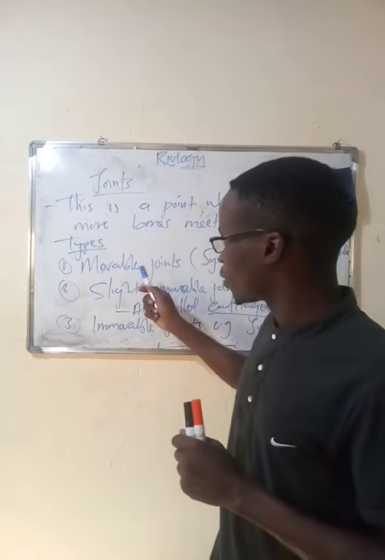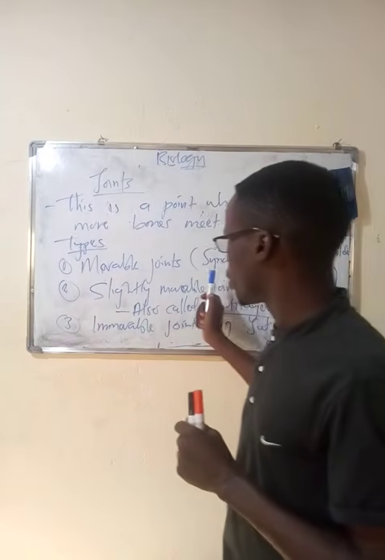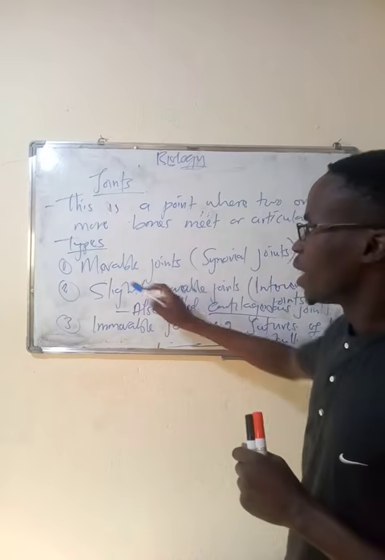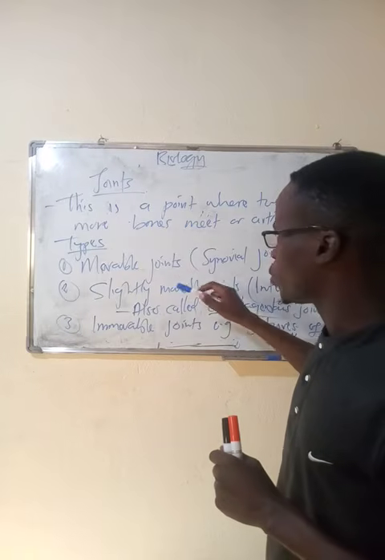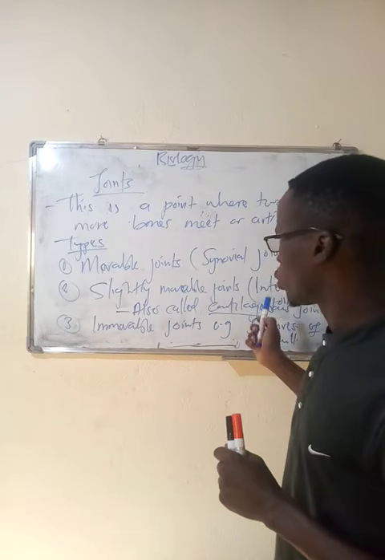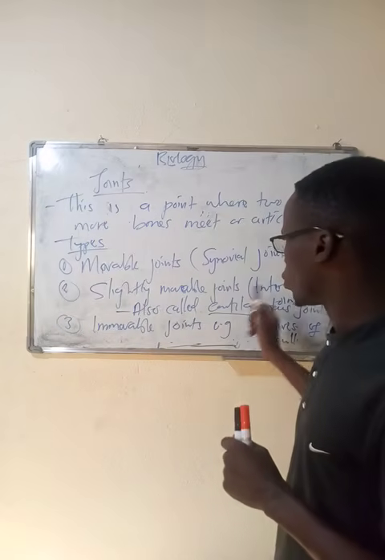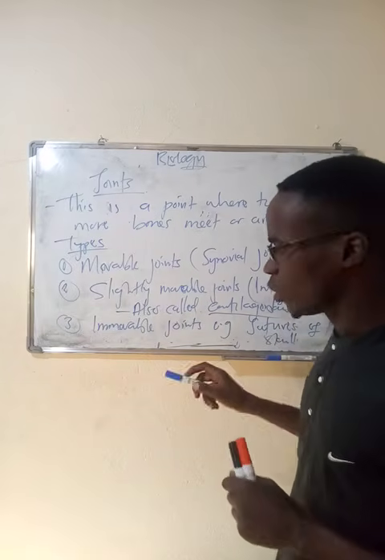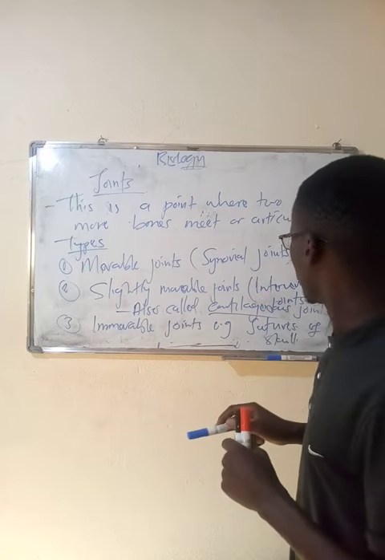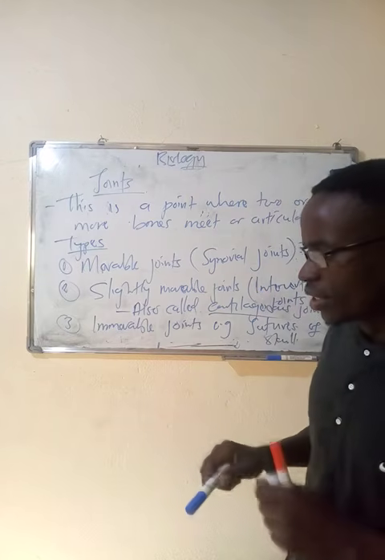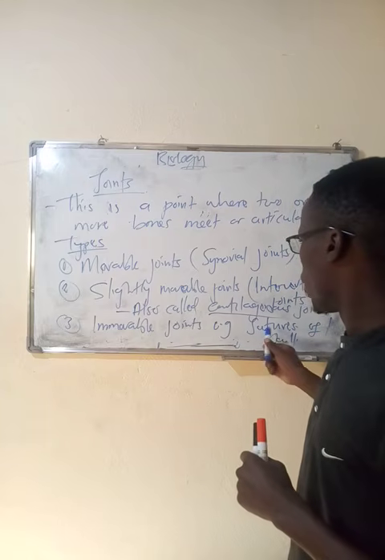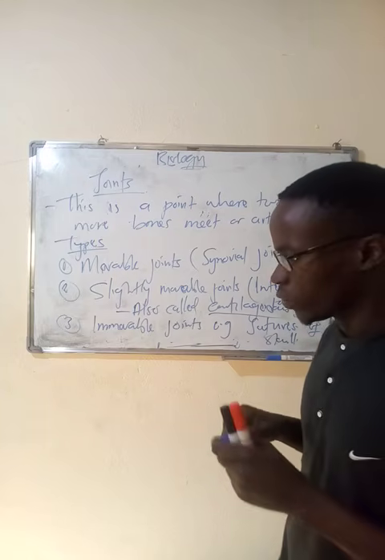There are three types: the movable joints, the slightly movable joints, and the immovable joints. The movable joints are the synovial joints, and the slightly movable joints are also called the cartilaginous joints. An example is the intervertebral disc. There are other examples though. Then we have the immovable joints, like the sutures of the skull.